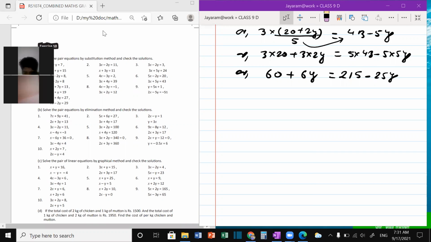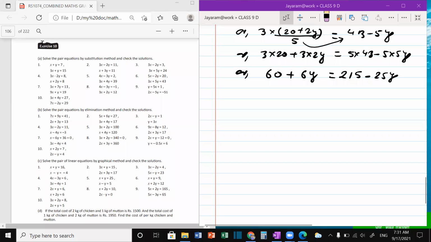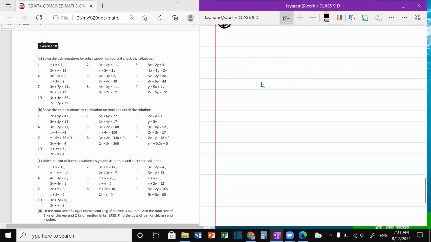Now, okay, today we're going to learn question number B, that is to solve equations by the elimination method. We just learned the substitution method, and now this is the elimination method.